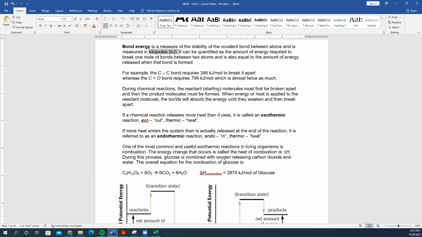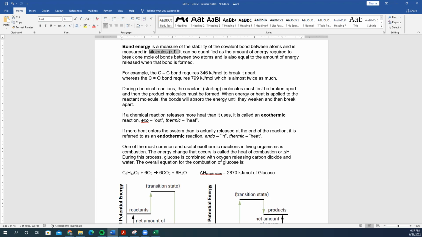So you have to break them apart and then put them back together in a different arrangement, a different combination to give the products. When you have energy or heat applied to the reactant molecules, the bonds will absorb the energy until they get to the point of breaking apart.